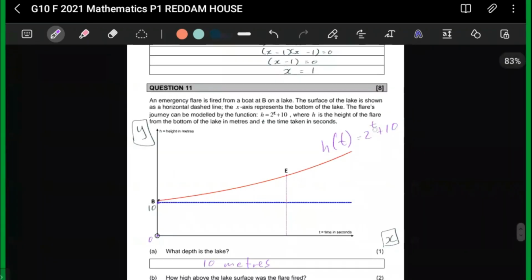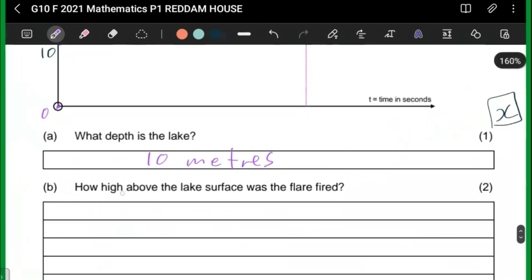So you're just going to throw a 0 in this equation. You have 2 to the power of 0 plus 10. Anything to the power of 0 is a 1. And then you have 11.